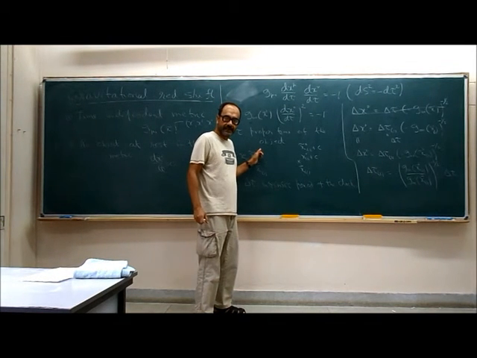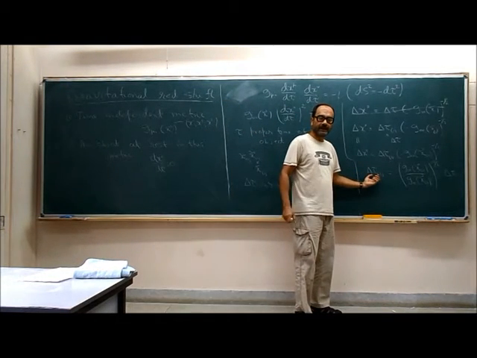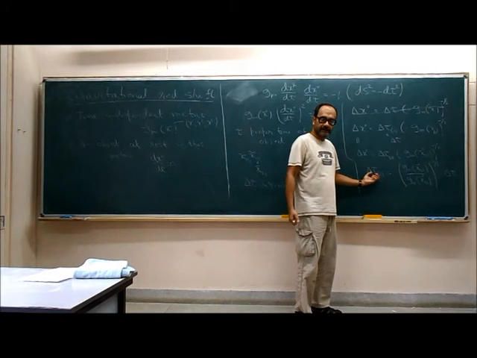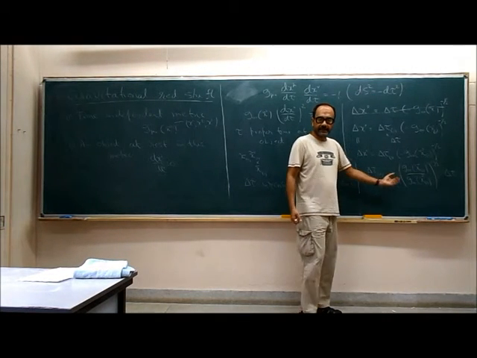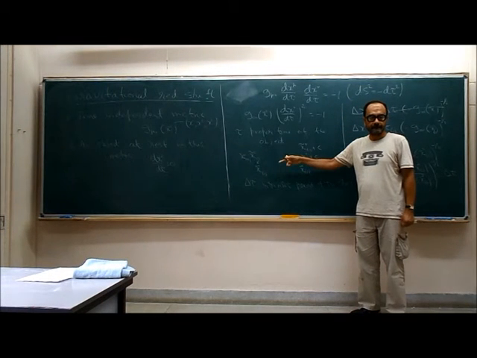Those two successive clicks will appear as if they are occurring at a proper time interval of delta tau 2 from the point of view of the observer at x2. So this delta tau 2 is the interval that the observer at x2 will see if he or she looks at the clock placed at x1.